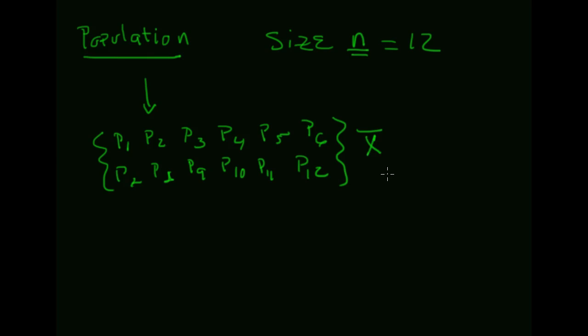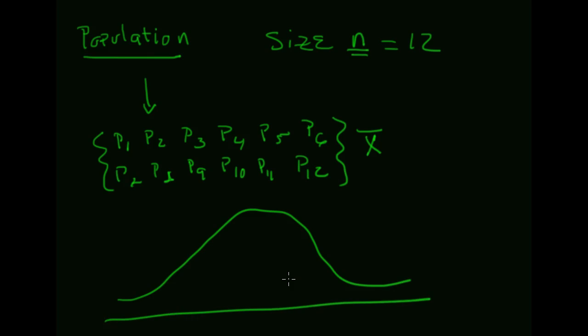Now the question is, if I did this over and over and over again, what would I expect this mean to be? Well, the mean of these values for any sample of size n is going to be normally distributed. And ultimately we should expect the mean of all the samples to be the same as the mean of the population. That's not unexpected.